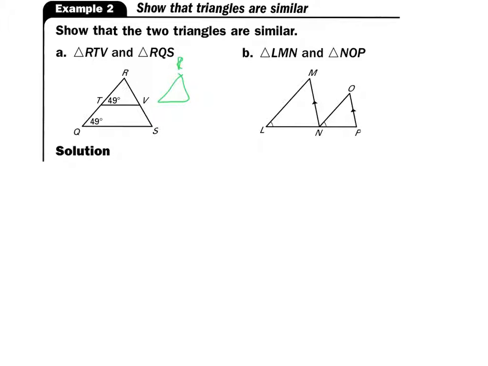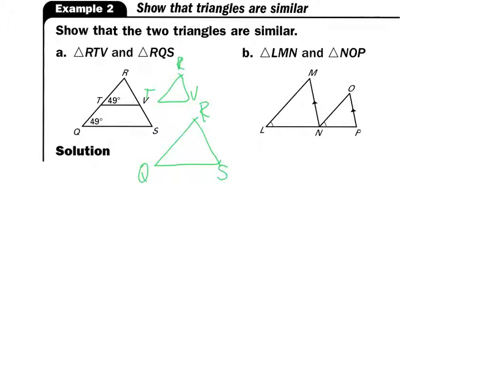I'm not very good. RTV, that's one triangle. And then the bigger triangle, RQS. You can separate them out, and that way it's a little easier to see. But it's not necessary. Once you get fluent with it, you will be able to instantly see when a smaller triangle is embedded in a bigger triangle.